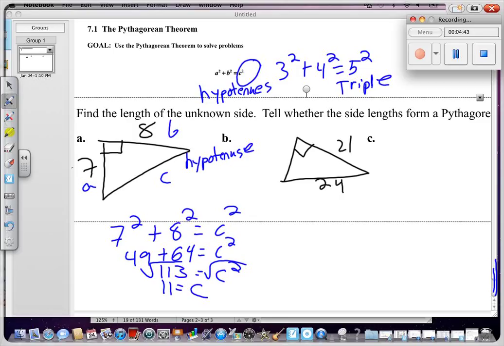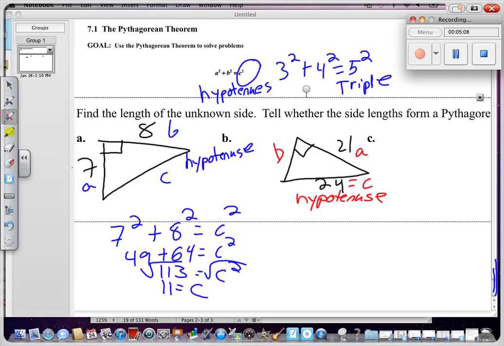So, step number 2: which side is the hypotenuse? 24. And I put the E in there. Okay, so which letter has to be C? 24 has to be C, and it doesn't matter which one is which.